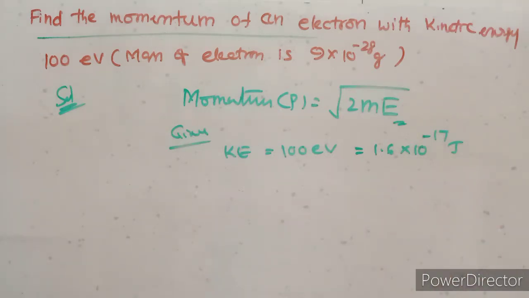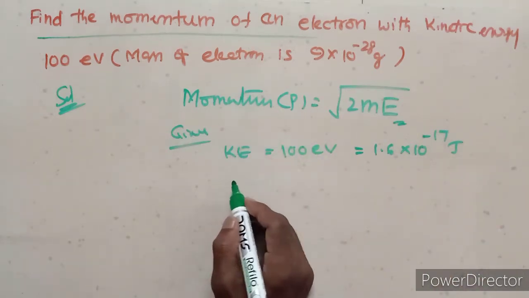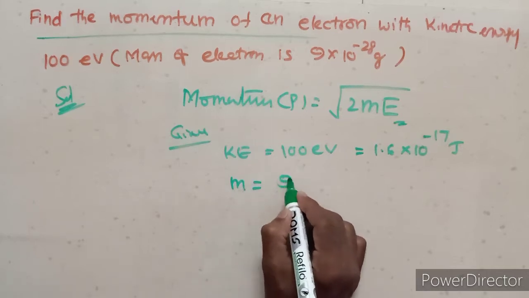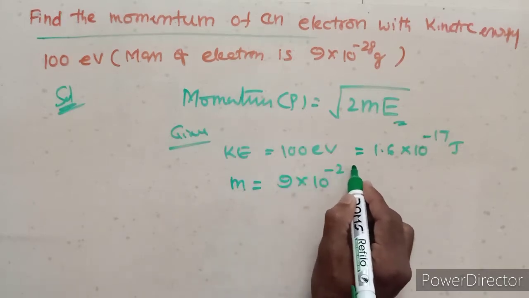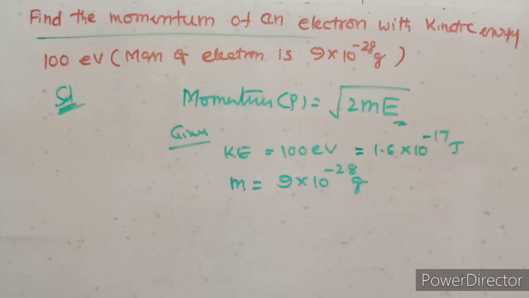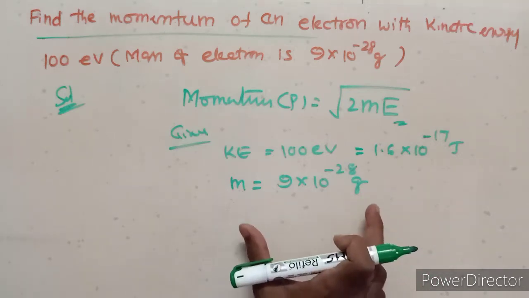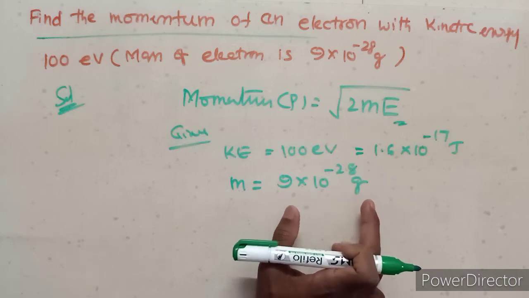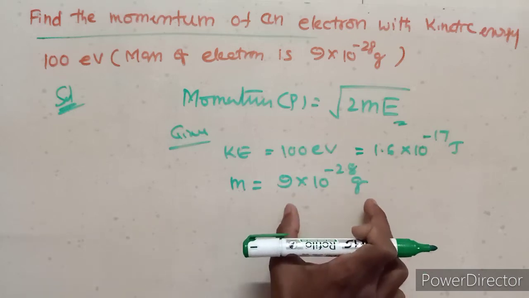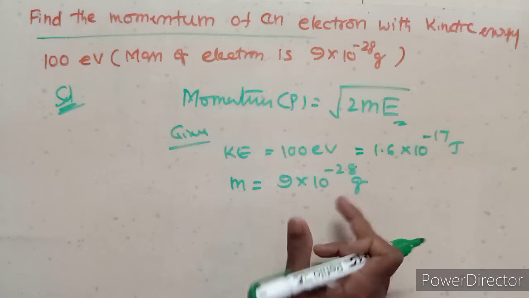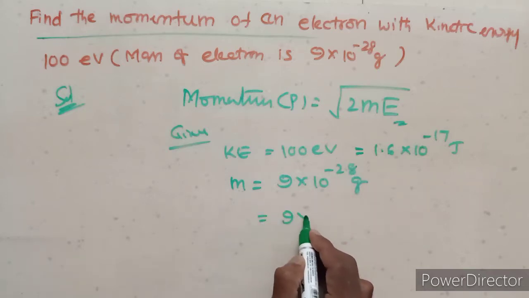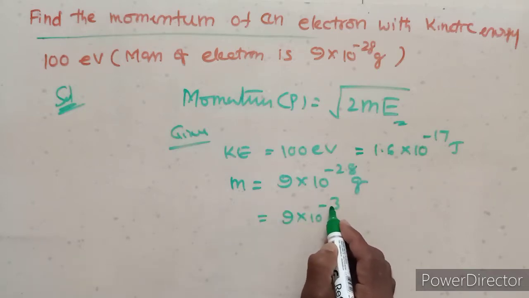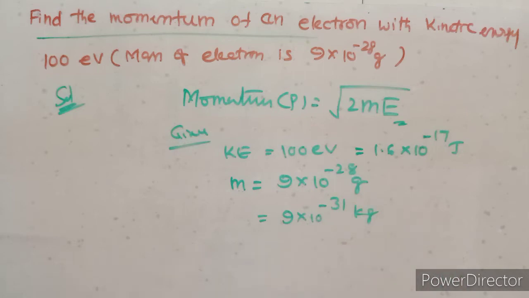Another data, mass of electron m is 9 into 10 to the power of minus 28 grams. This value is in grams, so it is converted into kgs: 9 into 10 to the power of minus 31 kg.